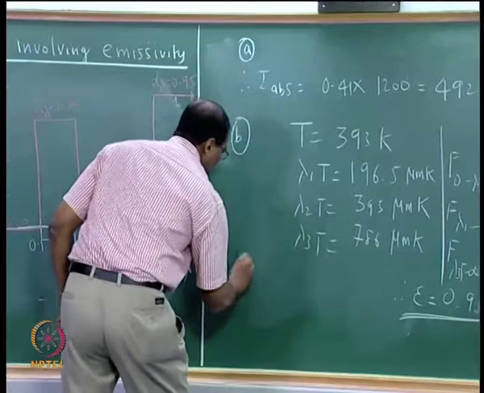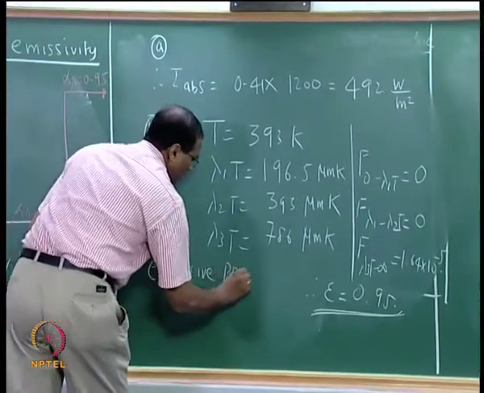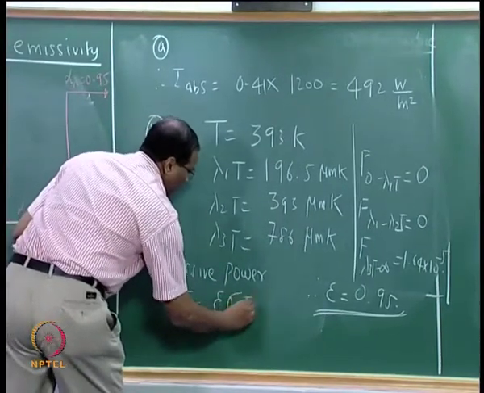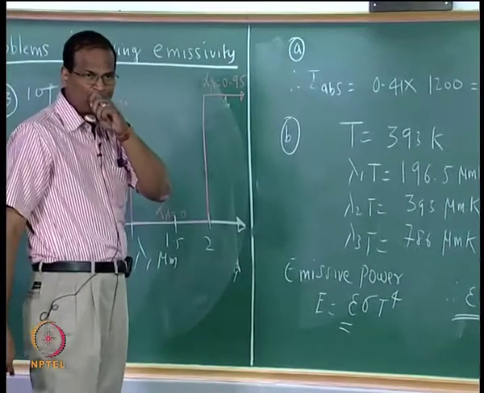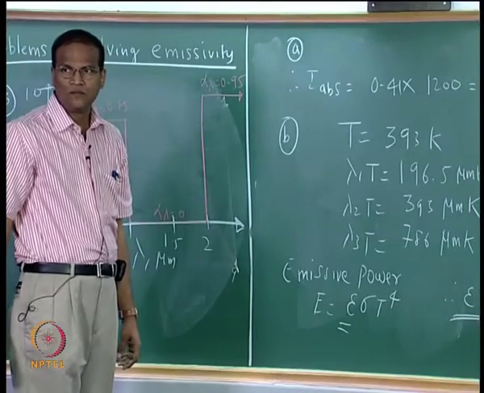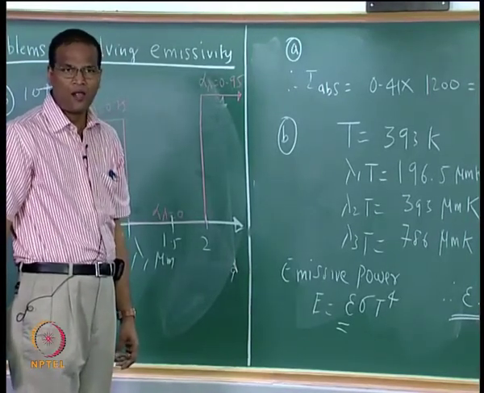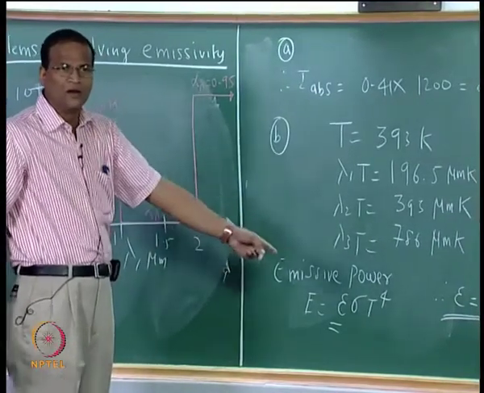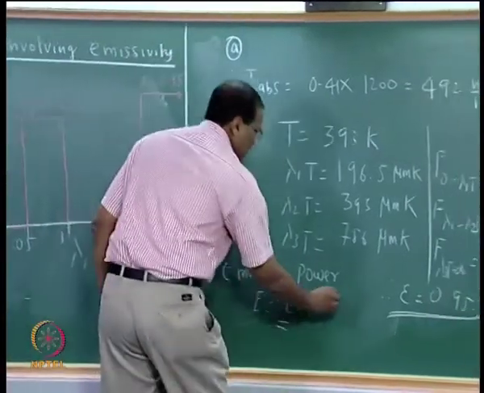So E. Yeah, tell me. You want to put it in watts per meter square or watts? I gave you area also. Anyway, it doesn't matter. You put A? Okay.